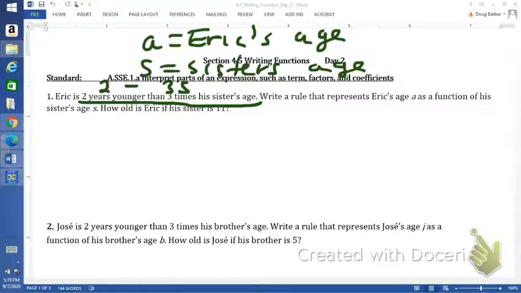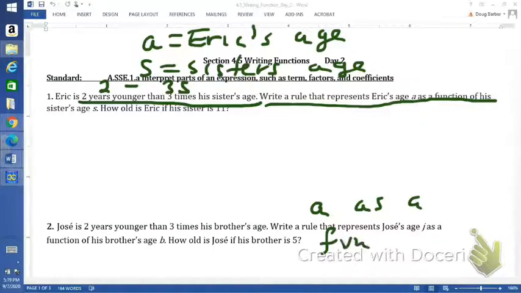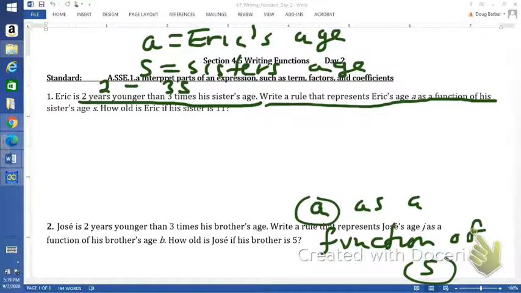Here it says to write a rule that represents Eric's age A as a function of his sister's age S. So A as a function of S. So that means we capitalize the A, and the S is going to be lowercase. So A, and then parentheses, the S is lowercase.